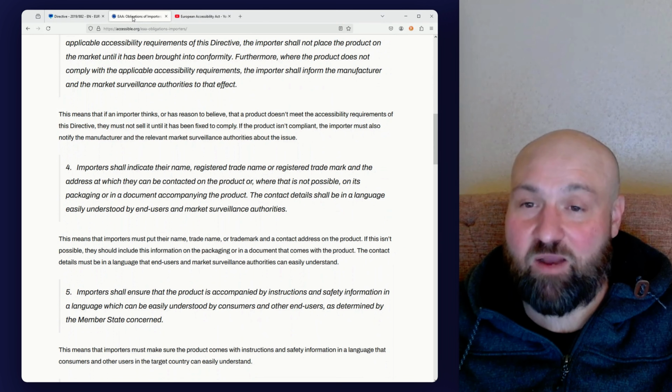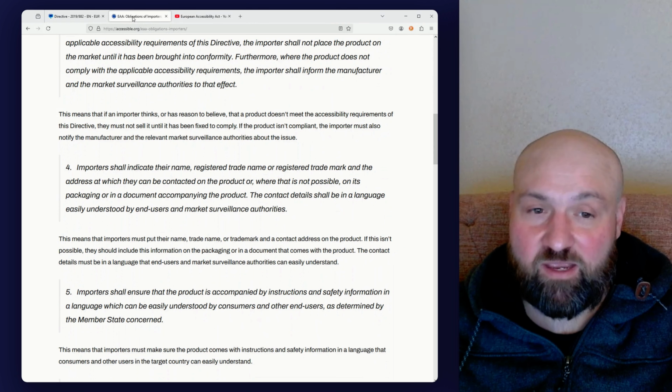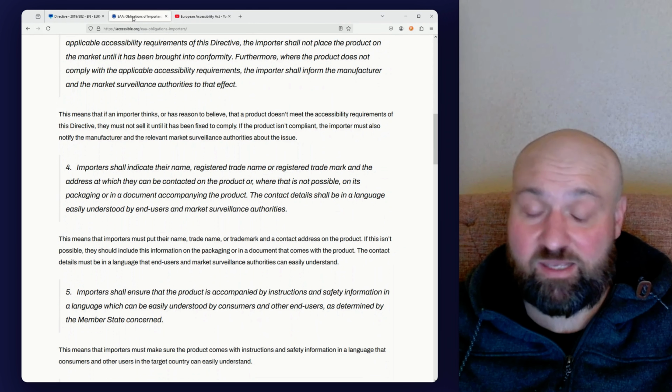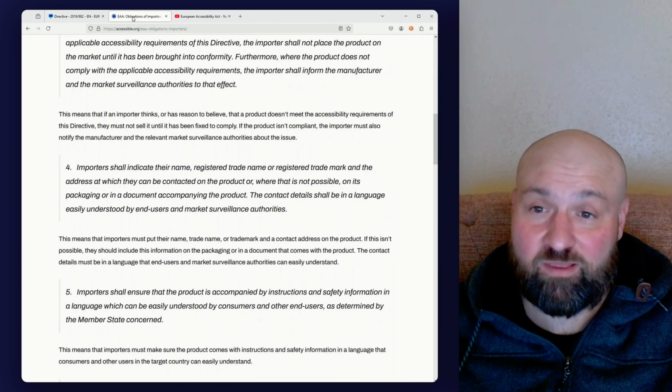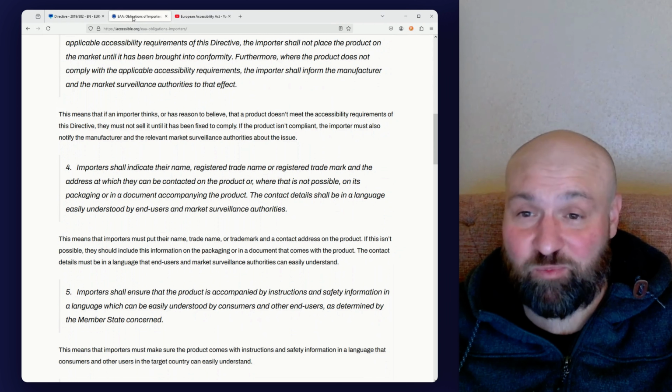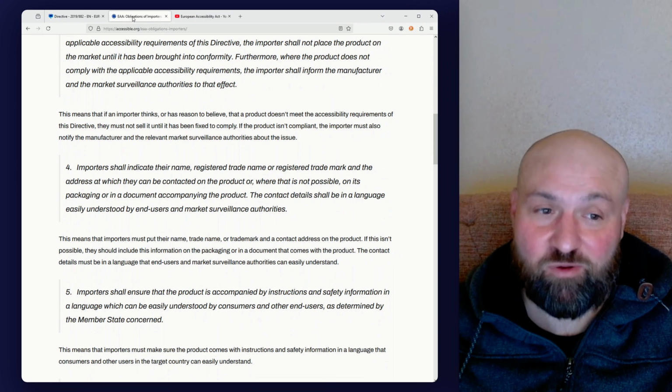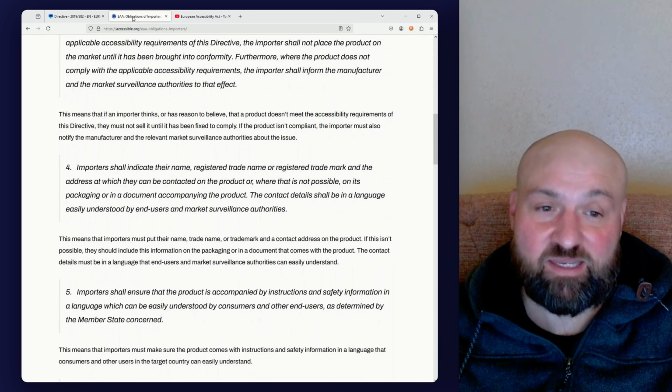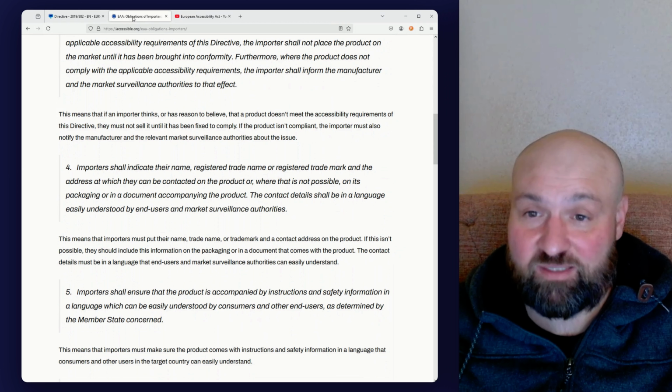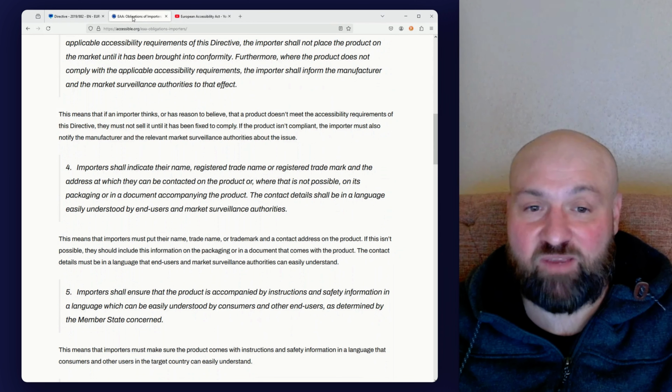So this is getting at, we need to know if a product that comes in is not in conformity with these technical requirements. We need to know who the importer was that placed this product in the European Union. So here we have this information. We're making sure that this information is clear and available.